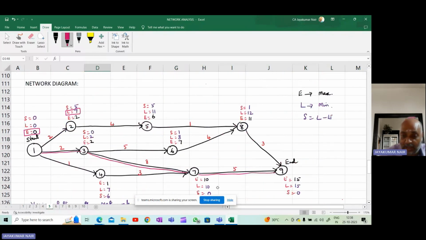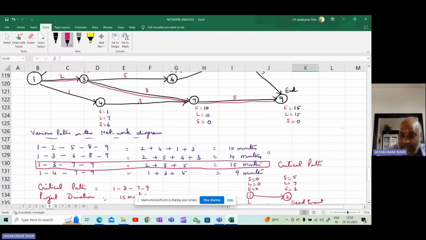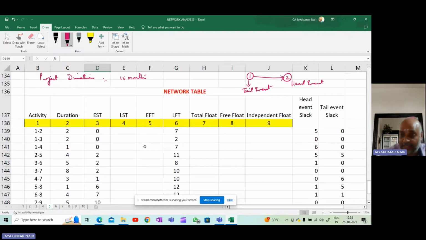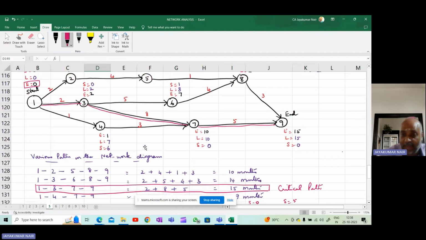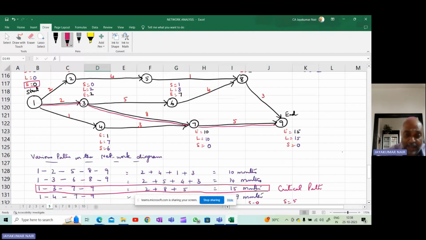It is 10 and 15. Head event slack is 0 and 0. And then comes 8, 9. For 8, 9, E value is 11 and L value is 15.